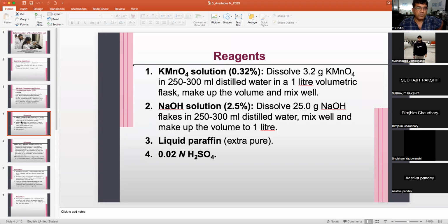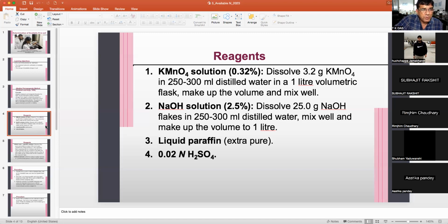Here you are using a more dilute sulfuric acid, which is 0.02 normal sulfuric acid. 0.1 normal means N by 10.